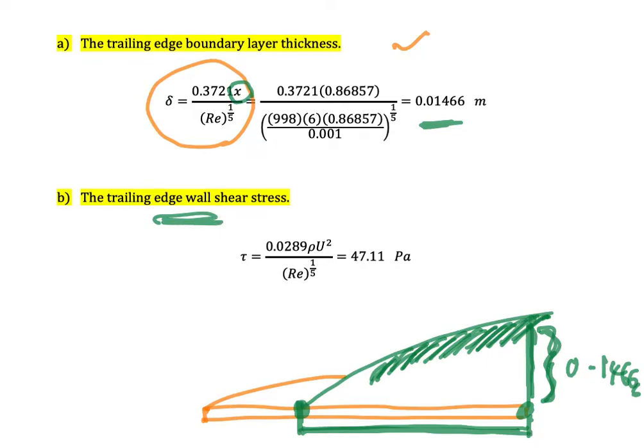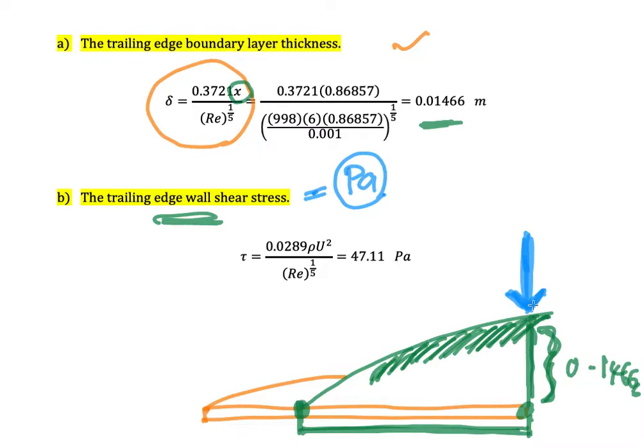This means we need to calculate the shear stress at the end of this plate. You need to understand that the unit for shear stress is Pascal, so it is some kind of pressure. The shear stress here is the value at this point only, at the last point of this flat plate.